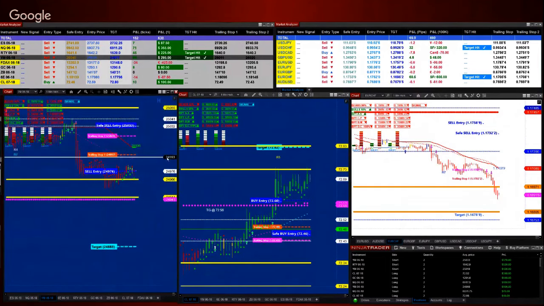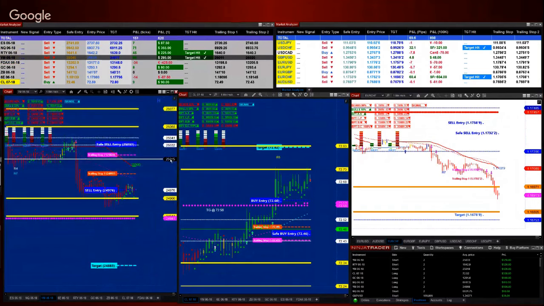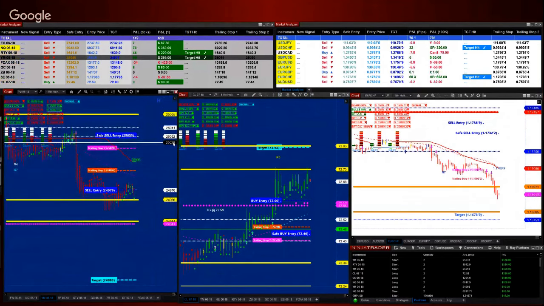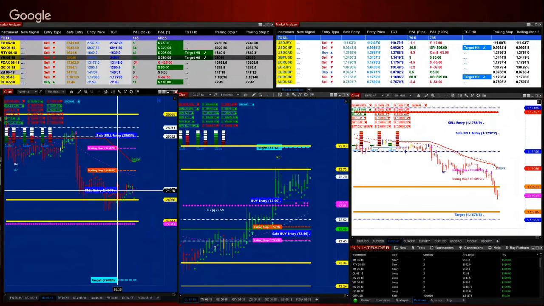For the guys who are automating the YM, whichever system you have, whether it's our Autotrade or somebody else's, if you are automated trading the YM, you're going to have a few problems with it today. Here is your sell entry, and there is not much movement.